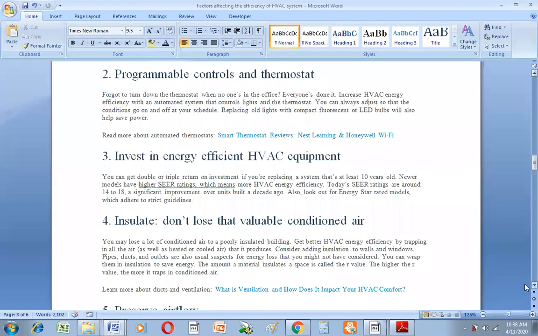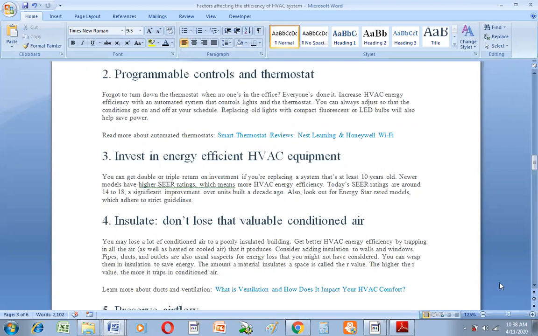For example, windows and doors might have some leakage, so we have to preserve that air. We don't have to allow that air to go outside. So proper insulation is needed, and sometimes thermal insulators are used. These are the points used to increase the efficiency of the system.